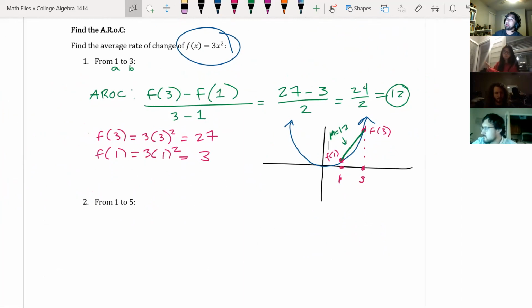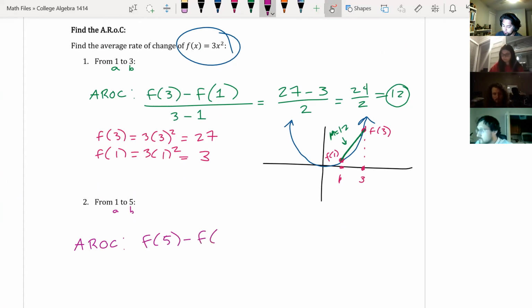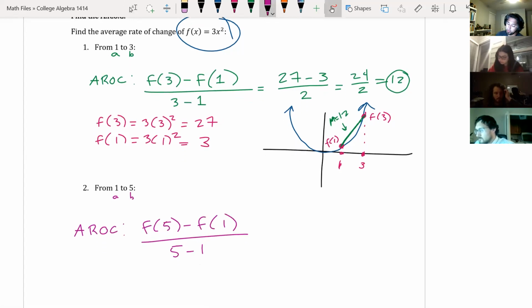Okay. And now just do it again from 1 to 5. There's A, there's B, average rate of change, f of 5 minus f of 1 over 5 minus 1. We already know what f of 1 is. We found that above, but for f of 5, just do some side work down below. 3 times 5 squared.